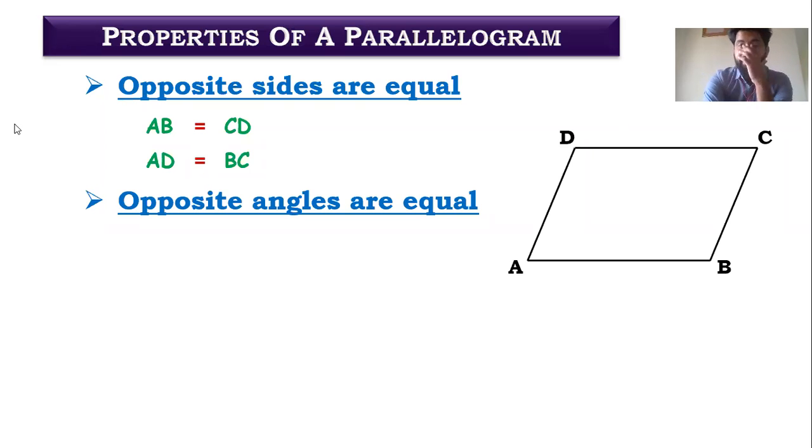Suppose we are all standing here at angle A, and you look in front of you. Opposite means in front of me. So when you are standing at angle A, which angle do you see in front of you?